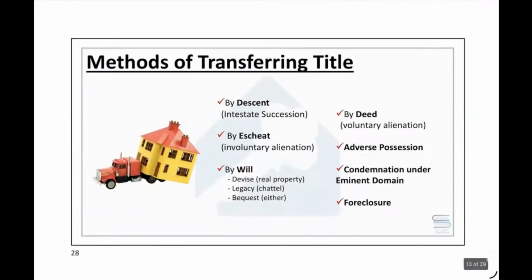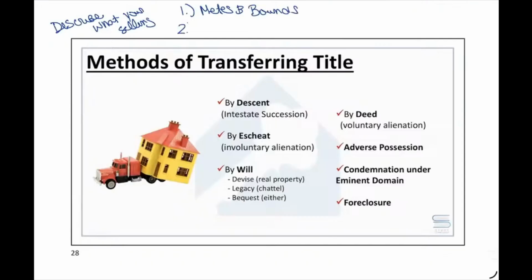So remember, all of that was because we said we have to describe title, describe what you're selling. And we had metes and bounds. You could refer to a plat, a neighborhood map. And then third, we said, oh, we've got the government rectangular survey system.